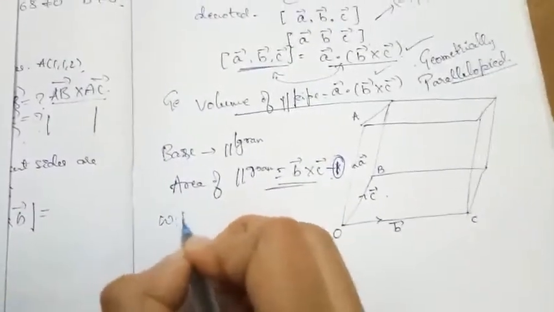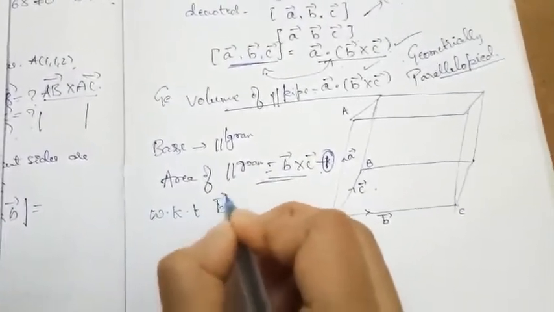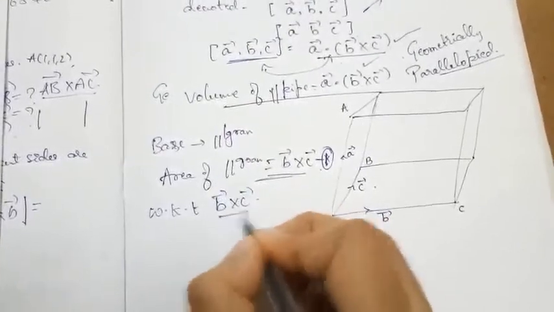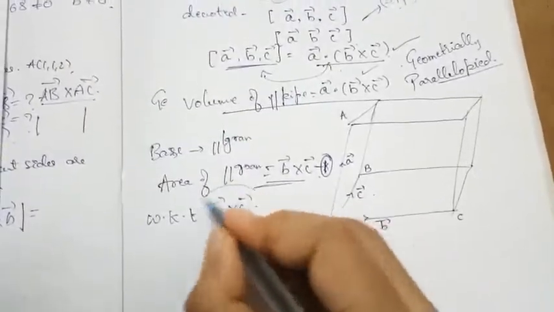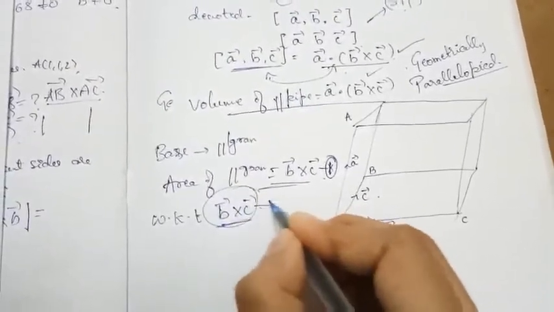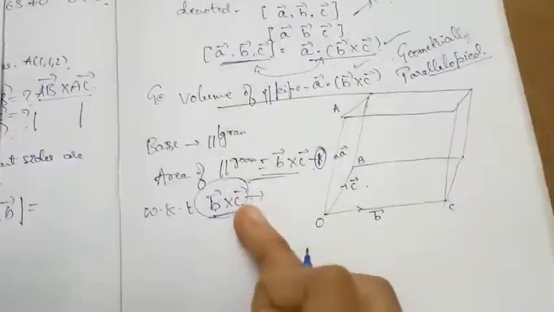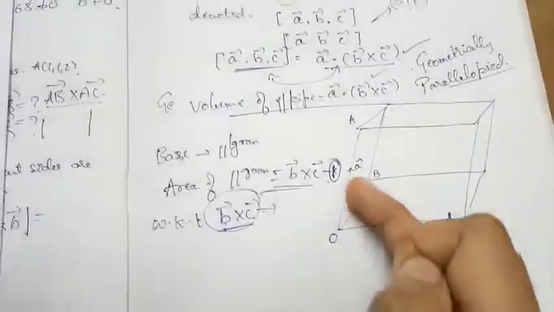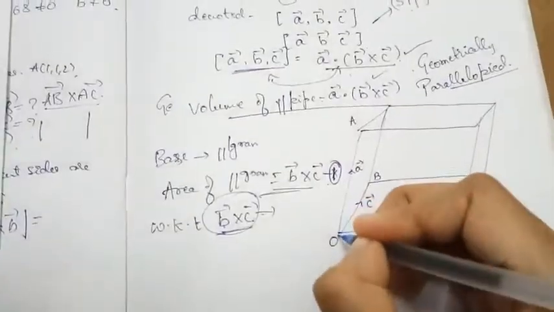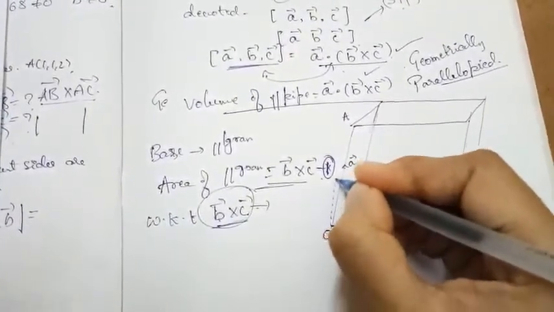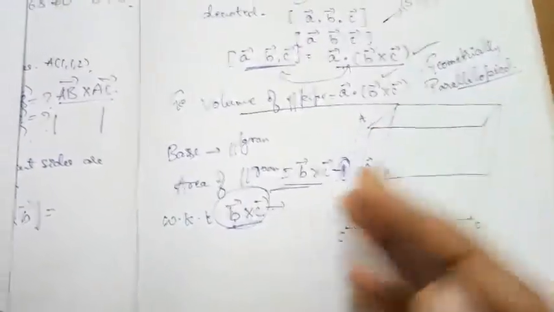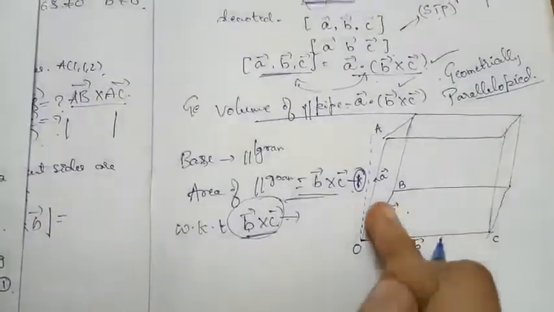We know that whatever vector we get by the cross product of vector B and vector C will be perpendicular to both vector B and vector C, and I am representing that vector which is perpendicular to both vector B and vector C.